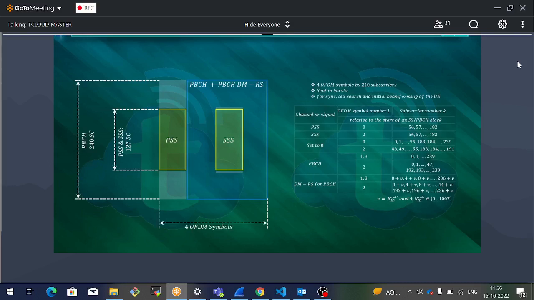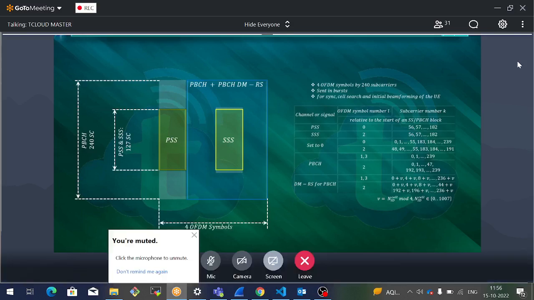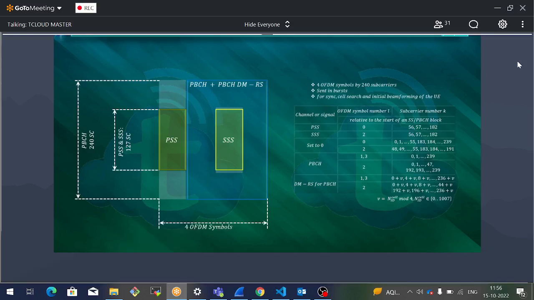Those are extracted from this synchronization signal block. It can be placed anywhere in the band by following some rules. But wherever it is, mobile can find it by scanning through the frequency and detecting this PSS, which contains special modulated symbols, which are ones and minus ones.